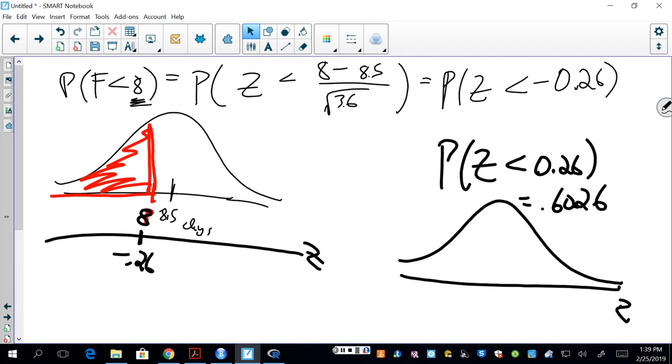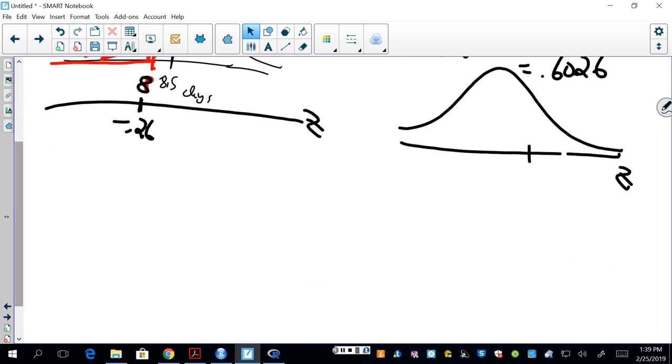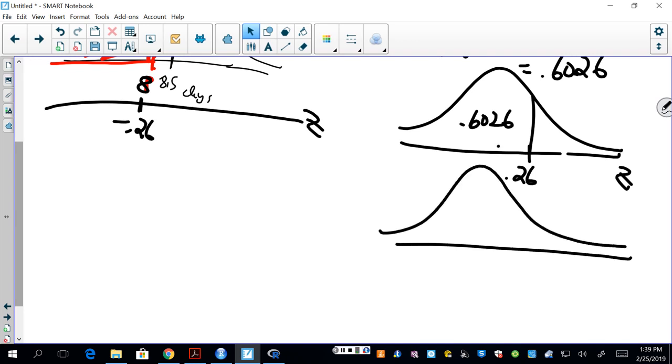We have a point a little bit closer over here, 0.26, and the area to the left of this is 0.6026. But what we really want is negative 0.26. We really want this area over here.